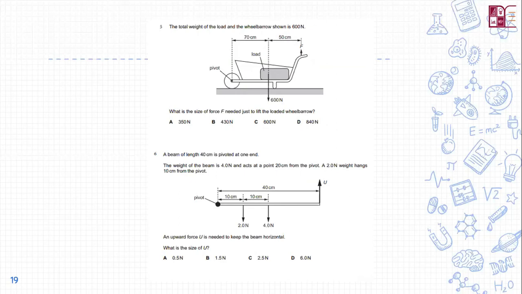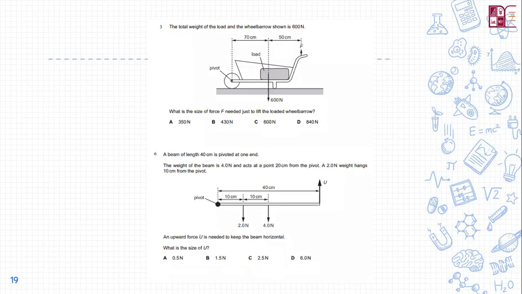All right, so you've got 600 newtons acting downwards at the distance of 70, and that would be equal to a force acting at the distance of 120. So your answer would be 350 newtons.